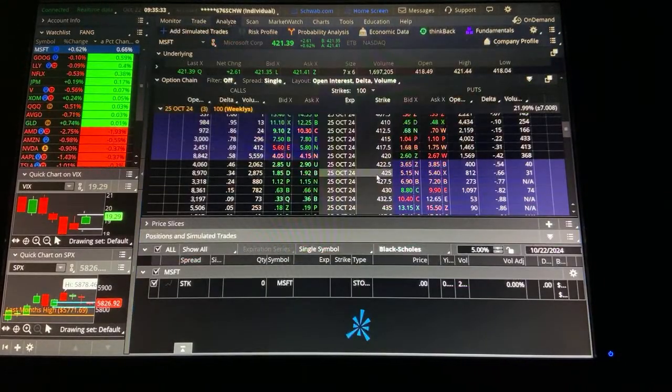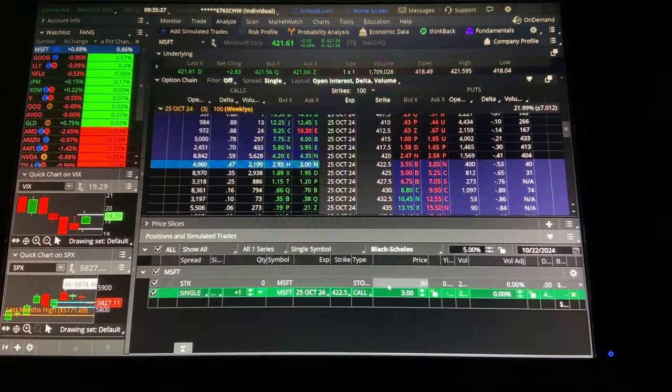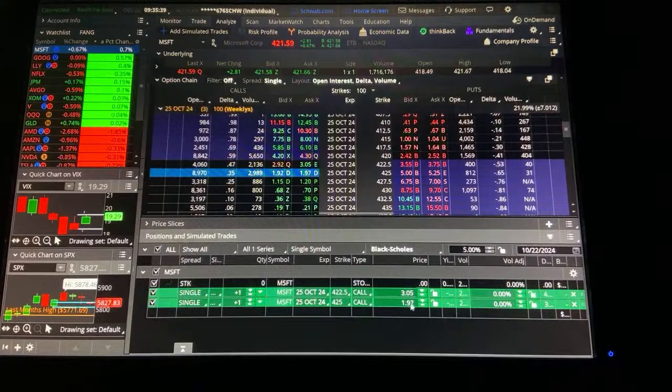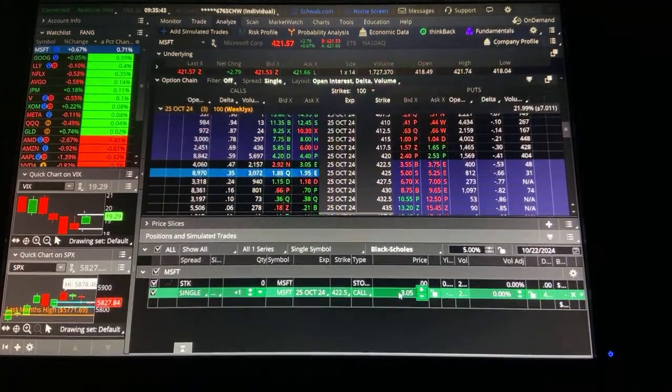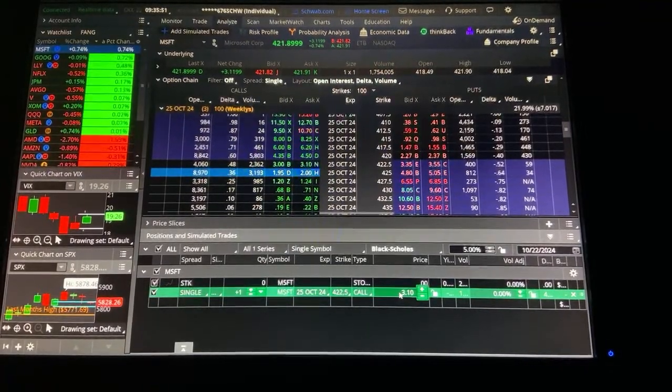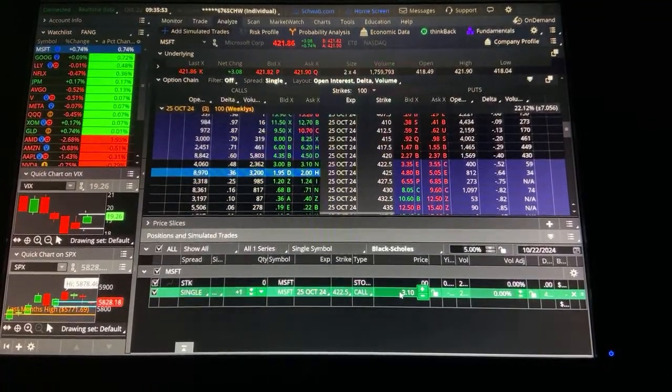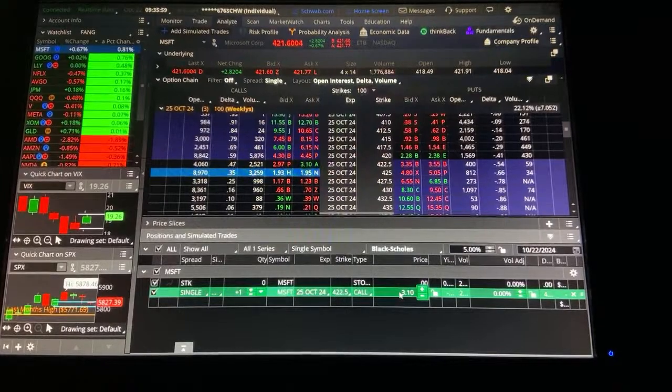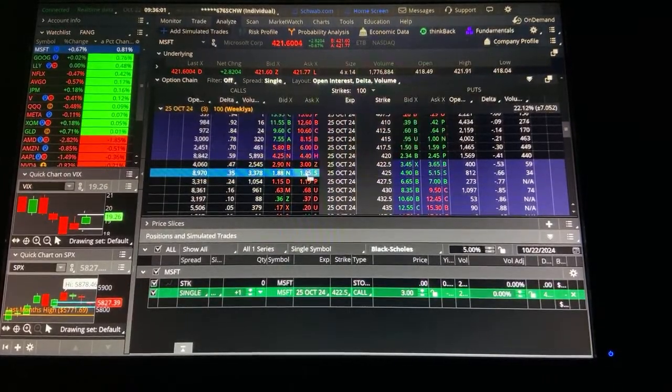Let me see. If you wanted to pick up the 422 half, that's going for about a solid $3. Or if you wanted to get a little bit cheaper, you can get the 197s. I'll pick up the 422 half here for the 305 Microsoft long call day trade. Probably could have got a little bit better price on this. If you want to pick up lower delta, you can pick up the 425 for 195.